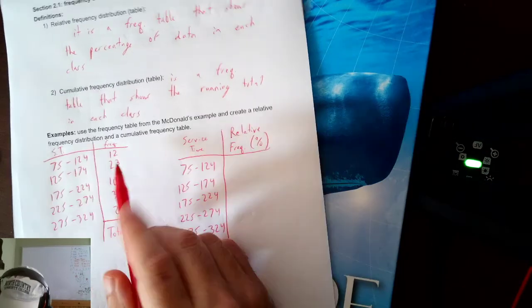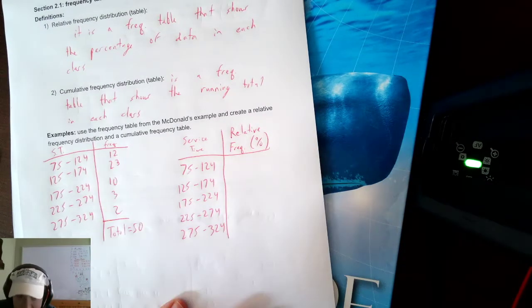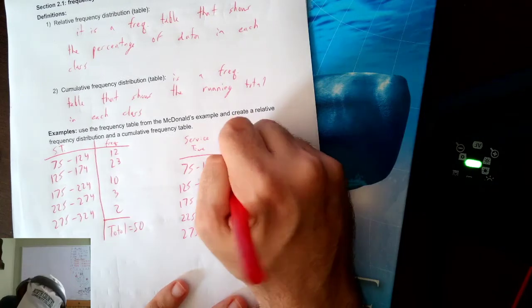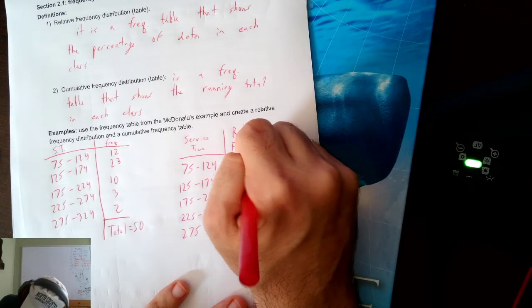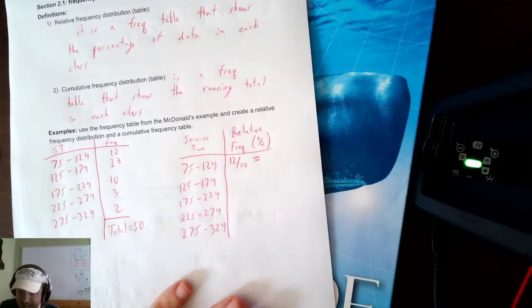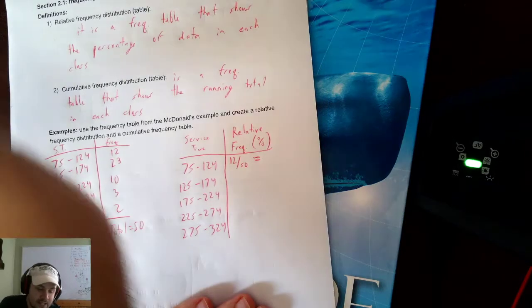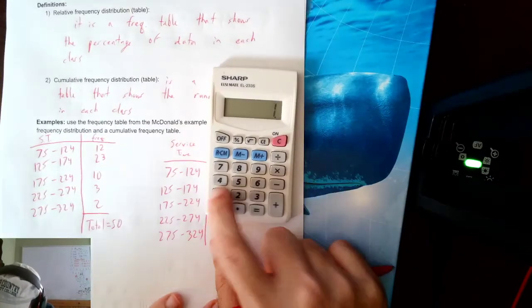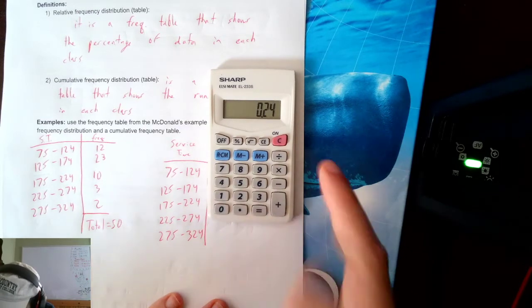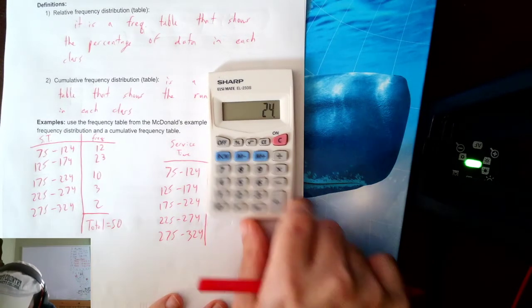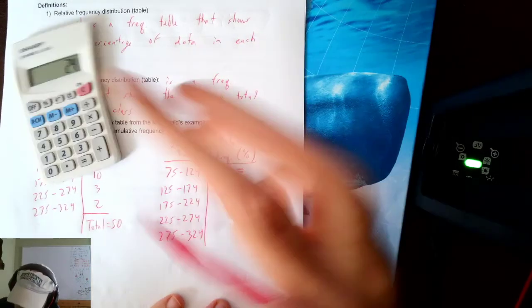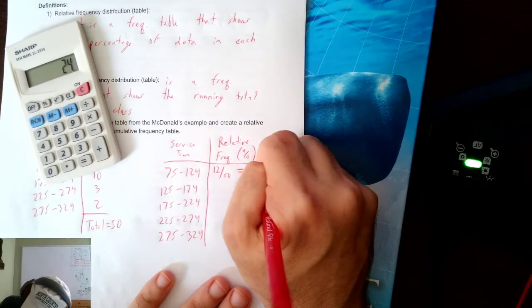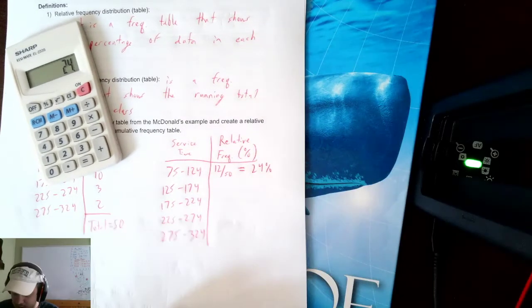What I do is I take each class and calculate the percentage. 12 over 50, what is that as a percentage? Well, if I take my calculator and do 12 divided by 50, and then to make it a percent, you multiply by 100, right? I'm going to get 24%. So the first answer is 24%.